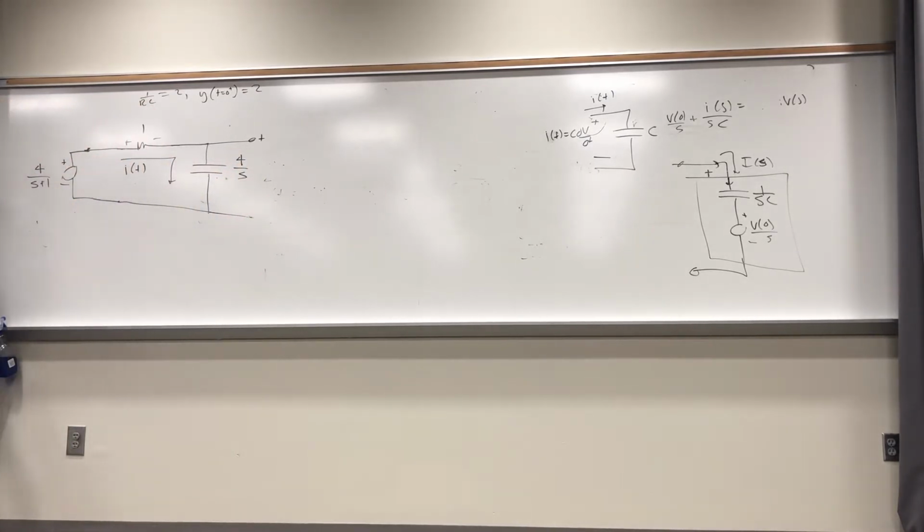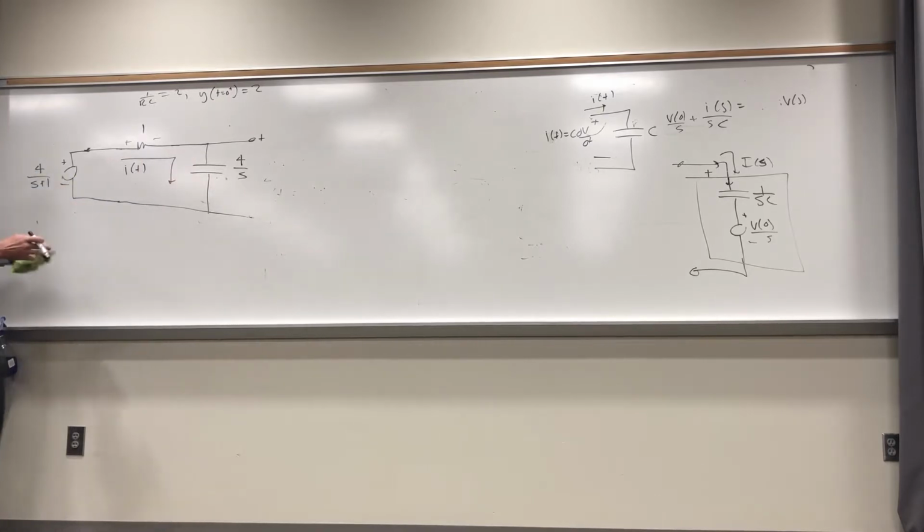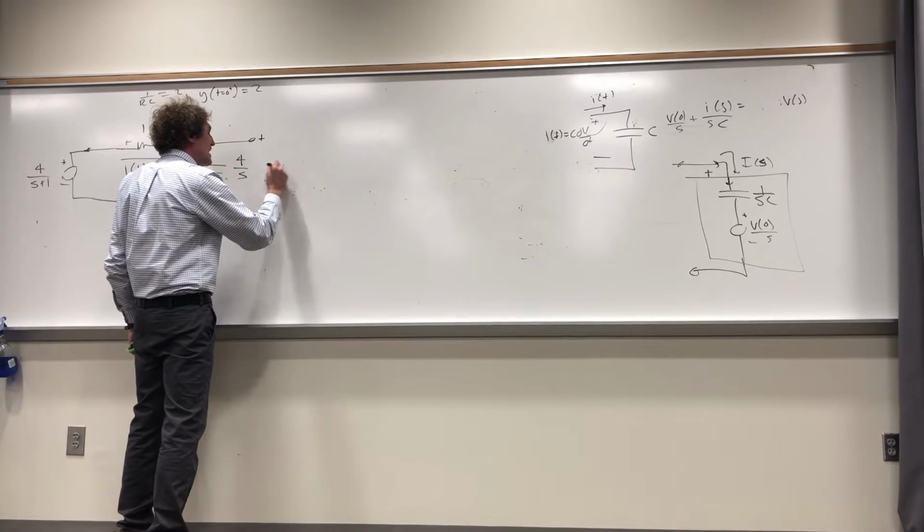Now, you see what I've done there? 2 over S plus 2 over S is 4 over S. Agreed? Now, remember this is an impedance. Now what happens here when you do this? How many see what's going on? If I want this voltage right here, I can get it a lot of ways.